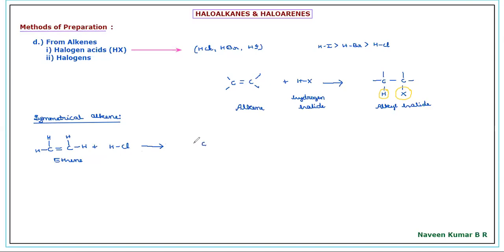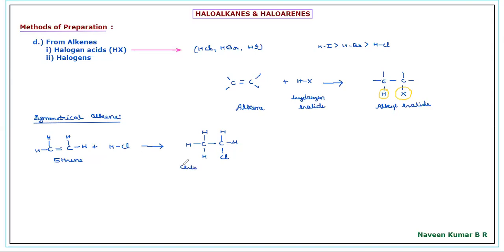in the addition, one of the carbons is added with the hydrogen and the other carbon is added with the halogen Cl, with the remaining two hydrogens satisfying the tetravalency. The added product is chloroethane.